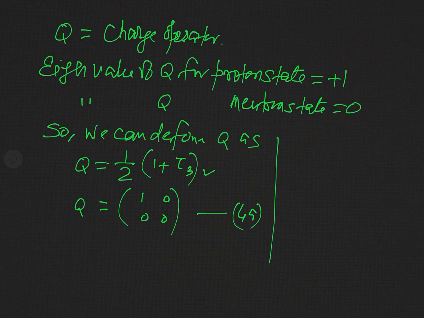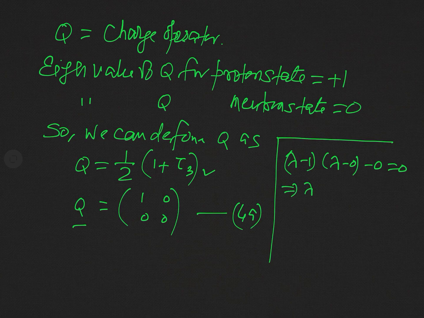Let us see. If we want to find the eigenvalue of this operator, consider that lambda is the eigenvalue of this matrix. I hope you have already studied the eigenvalue and eigenvector of a matrix. So if lambda is the eigenvalue, what will be the characteristic equation? This will be simply lambda minus 1 into lambda minus 0 equal to 0.